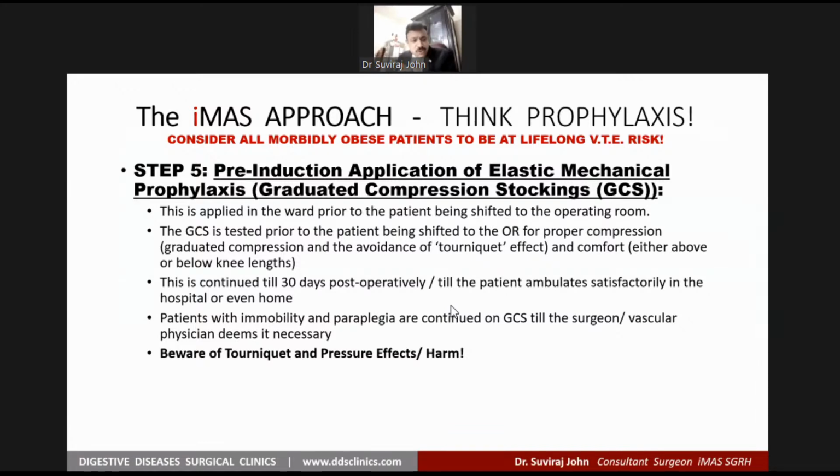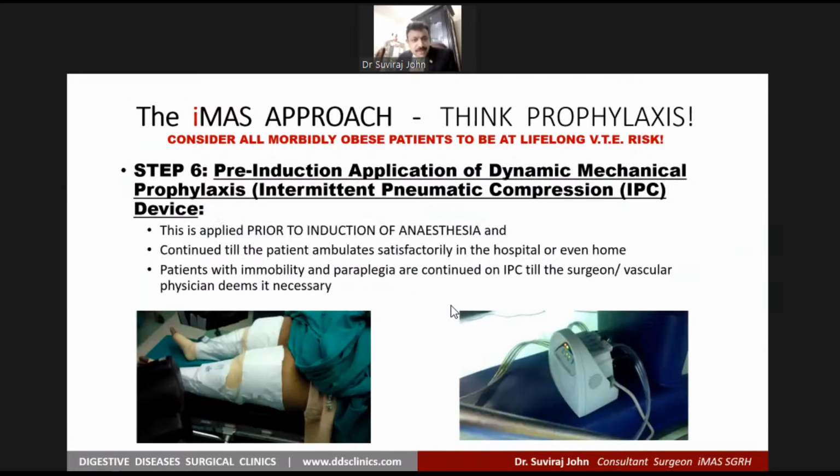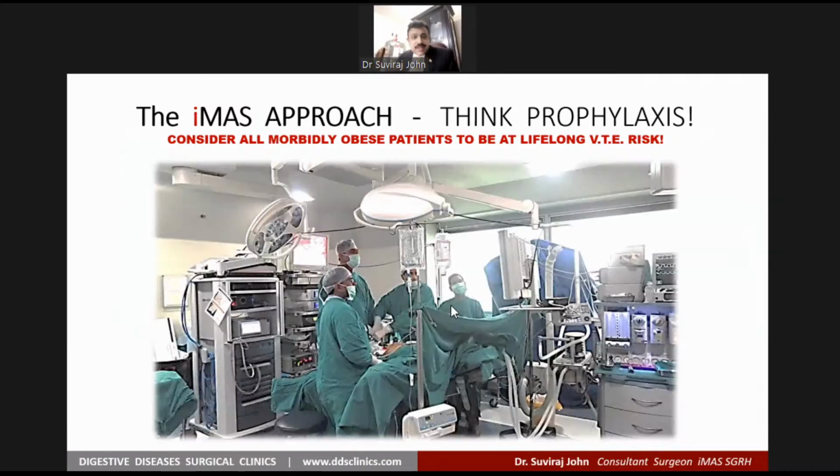We are careful to avoid tourniquet and pressure harm. We have this on before induction and also put on an intermittent pneumatic compression device prior to induction of anesthesia. Very important. This has to come on prior to induction of anesthesia and continue till the patient is ambulant, especially for people who are paraplegic.